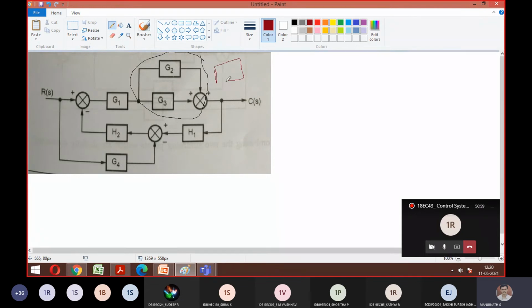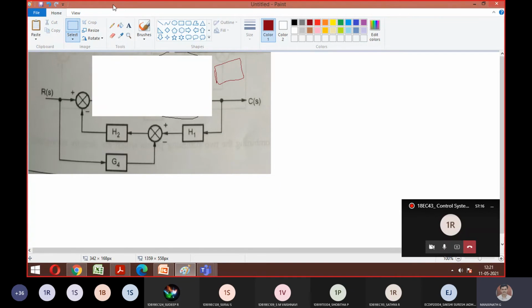Good, that is the first step. Then this answer, G2 plus G3, is in series with G1. So this complete path is eliminated. Let me delete that. Here I'll have only one block. Is it okay with the first 2 steps for everyone?